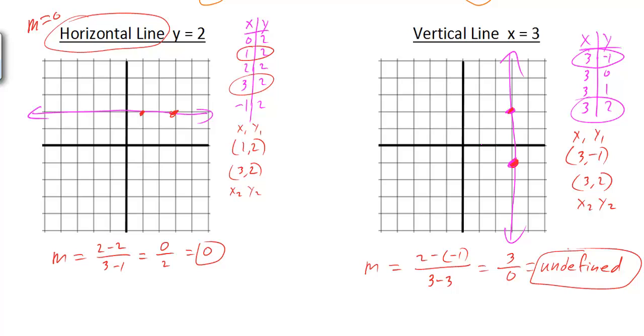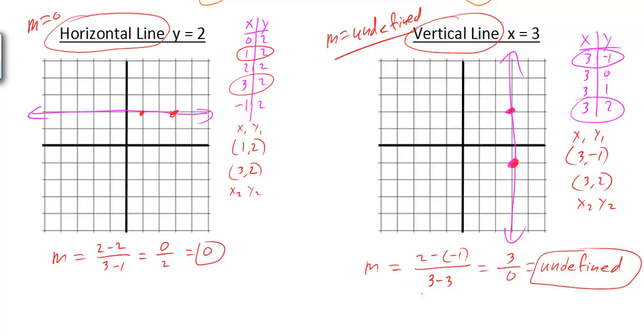And that's because if you notice, to go from one point to the other, there is no change in our x, there's only change in the y. So therefore, you're going to end up with 0 in the denominator, and we know we cannot divide by 0, so therefore the slope is undefined. So anytime you have a vertical line, your slope is always going to be undefined.